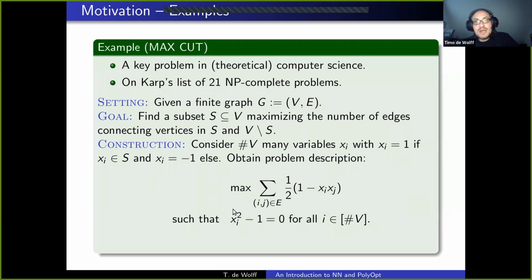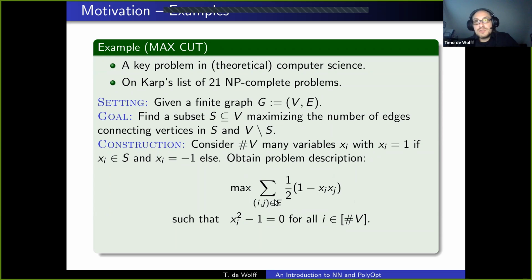First of all, I'm adding a collection of constraints, which basically just says I only want to allow plus or minus 1 entries for my variables. And now this is the function I want to maximize. So what does it do?